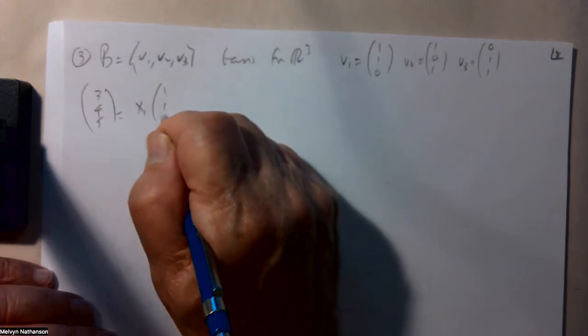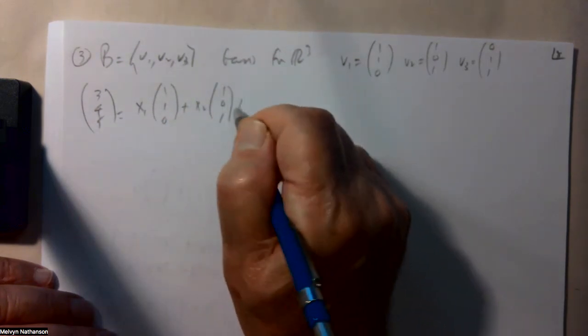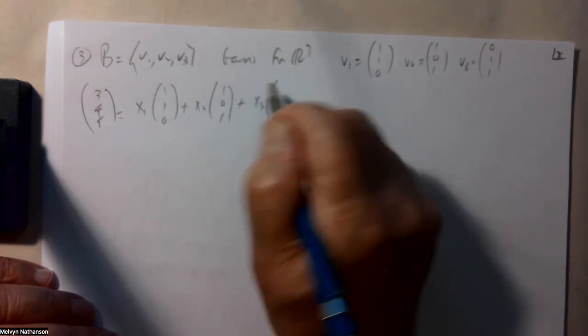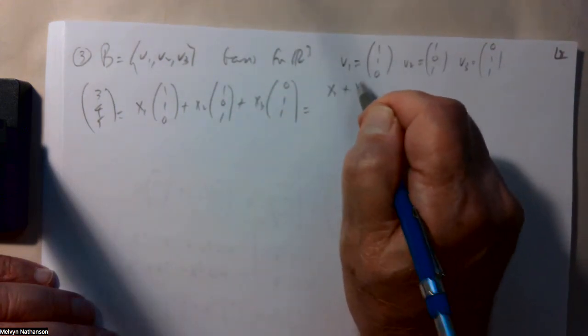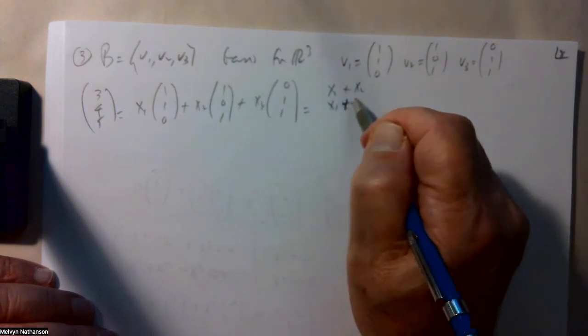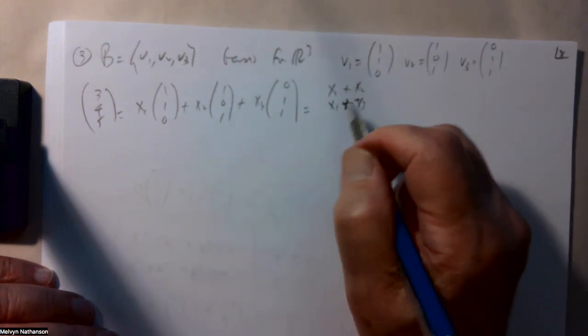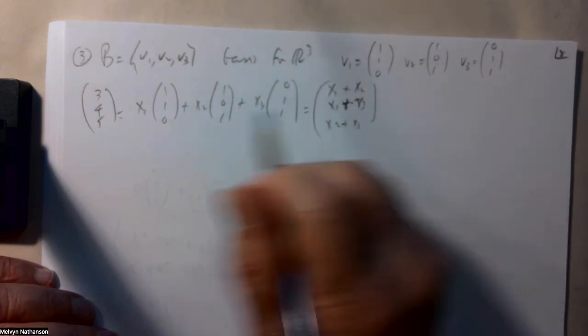So x1 times (1, 1, 0) plus x2 times (1, 0, 1) plus x3 times (0, 1, 1). This is the vector whose first coordinate is x1 plus x2, the second coordinate is x1 plus x3, and the third coordinate is x2 plus x3.